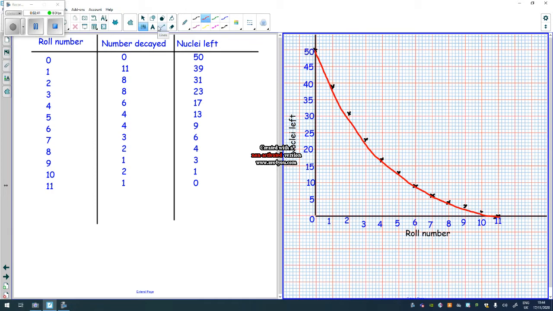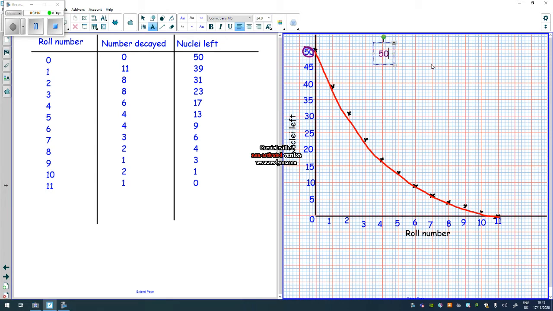Now from this, I can then find my half-life. If you remember, it was the time it takes for half of the unstable nuclei to decay. So I started with 50, okay? To work this out, I need to take what I started with, my 50, and work out how long it took to get to half the number that we had.